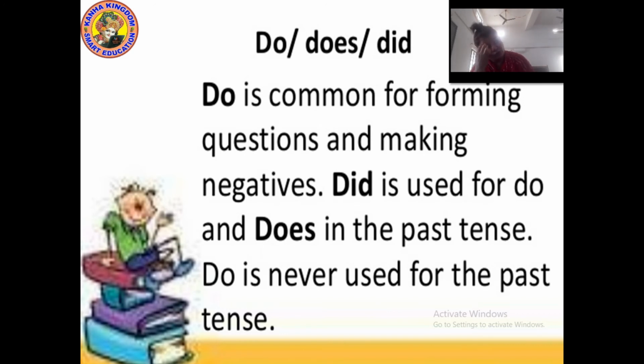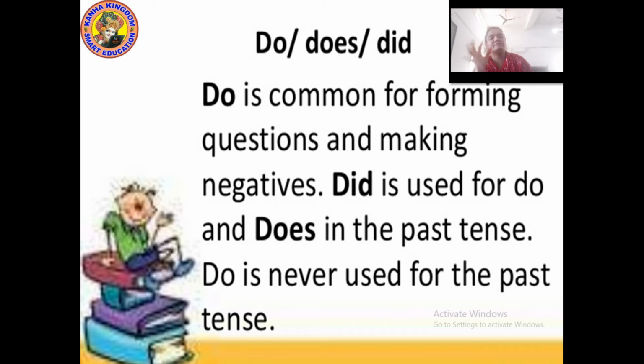Did is used for do. Means do is present tense. If we want to change the sentence of do into past tense, we will use did there. And does is in the present tense but singular form.